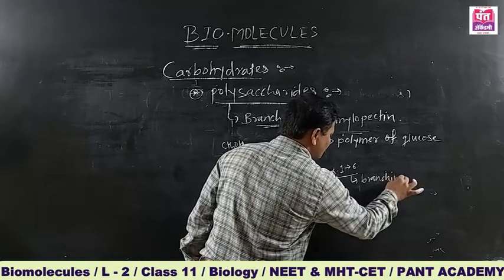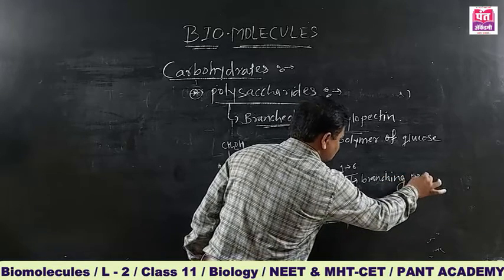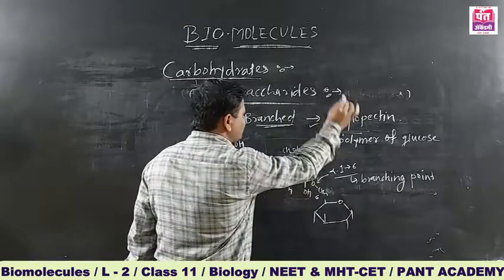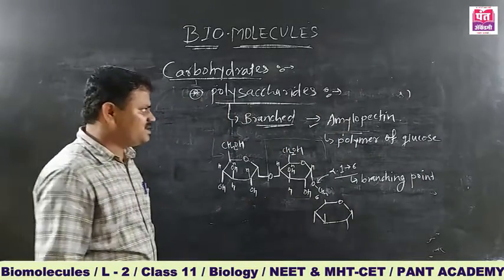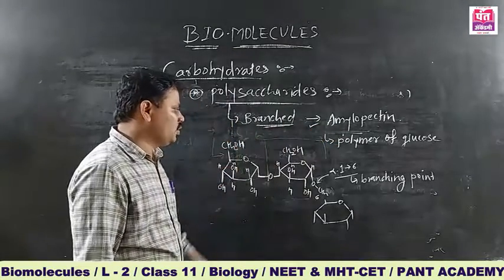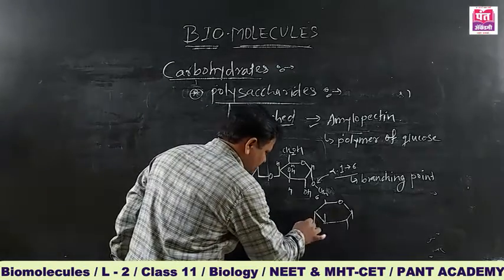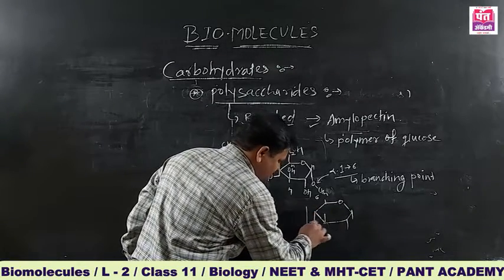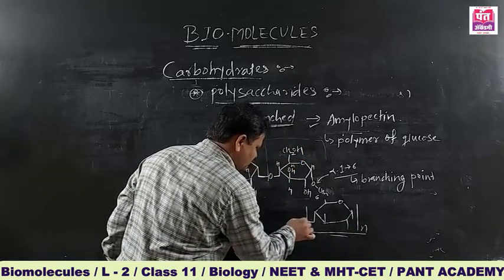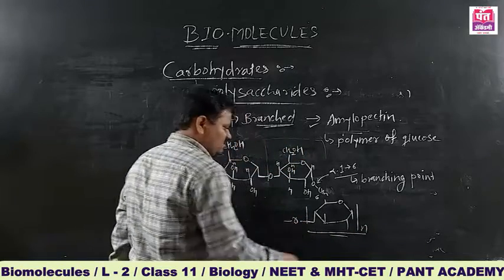This branching point leads to the formation of another type of polysaccharide, that is amylopectin. And here you can see these units can also be repeated n times. So there is a formation of a bond like this.